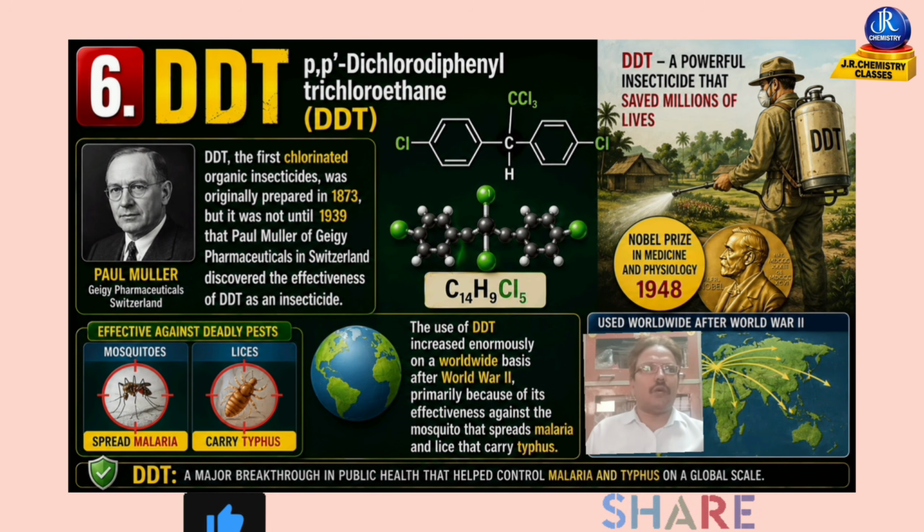The use of DDT increased enormously on a worldwide basis after World War II, primarily because of its effectiveness against the mosquito that spread malaria and lice that carry typhus.